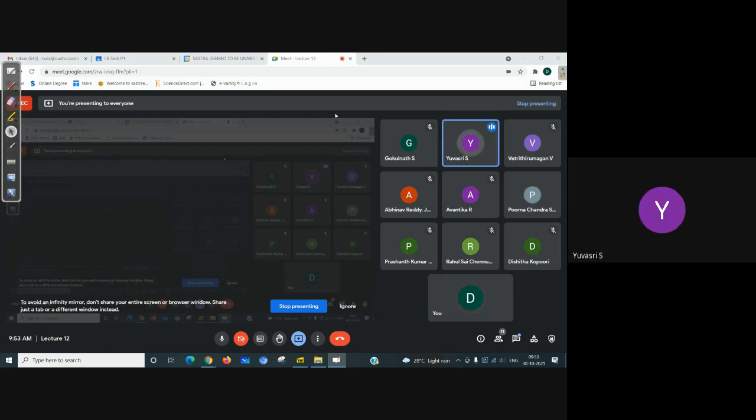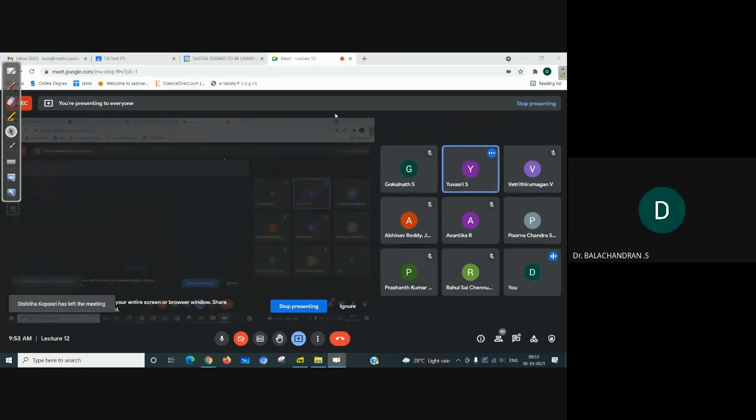Sir, for the 24th problem, how should we solve? They asked up to theta power 6. I solved it, sir, but I didn't get the third term. So they are asking up to theta power 6.